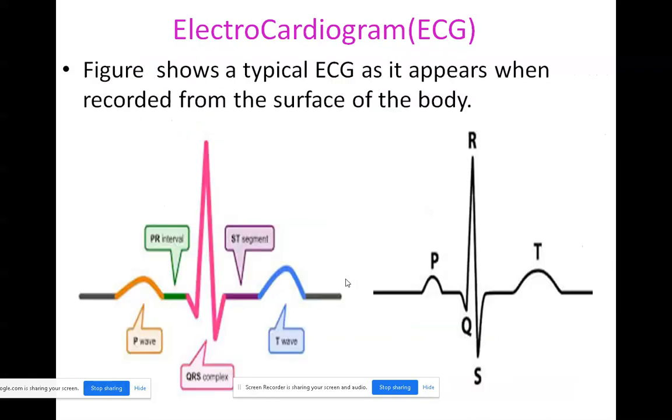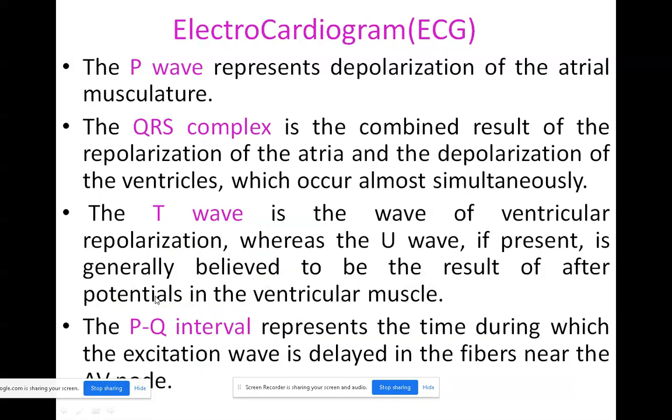So this P wave, the small orange wave, represents the depolarization of the atrial musculature. What is depolarization in the cell?